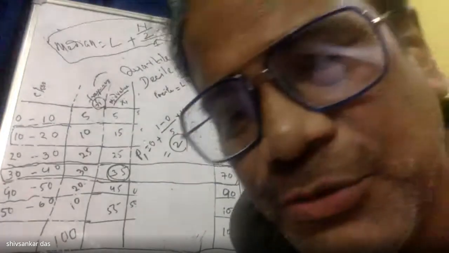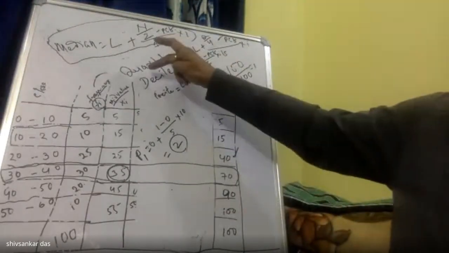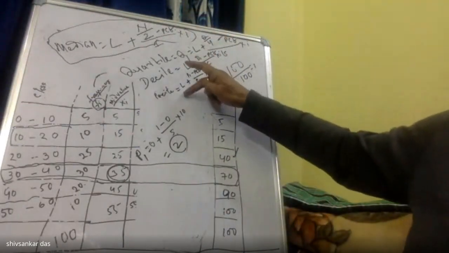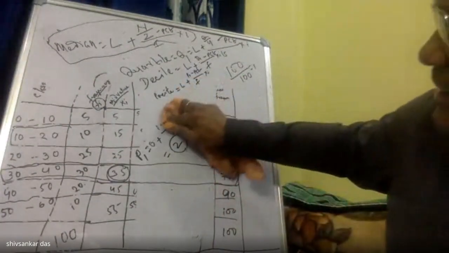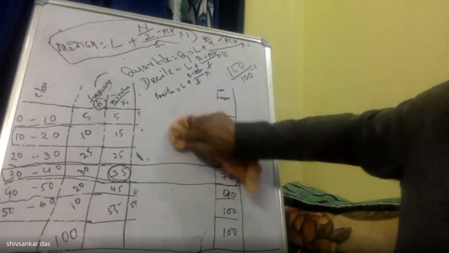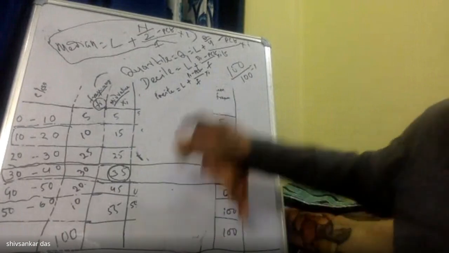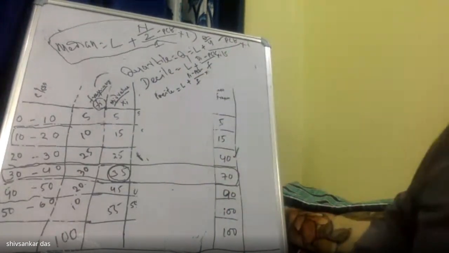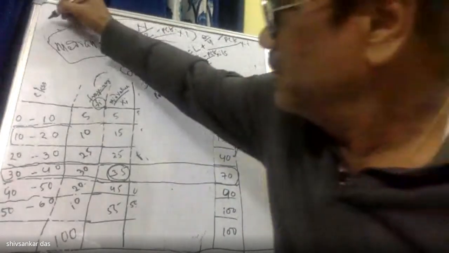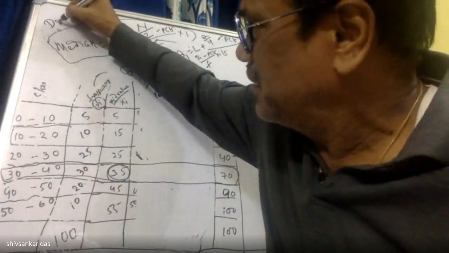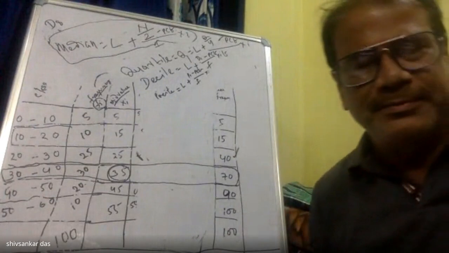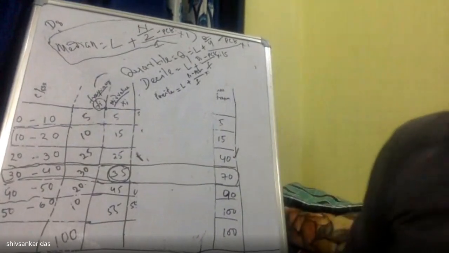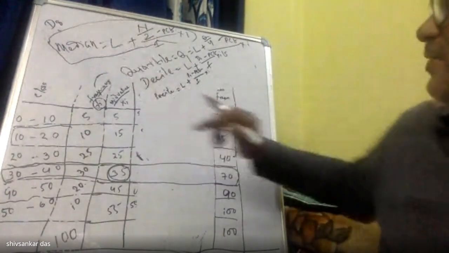I have already discussed median, quartile, decile and percentile with you. Now I will give you a calculation. Decile 1 I have calculated; you calculate decile 8. How will you calculate D8?